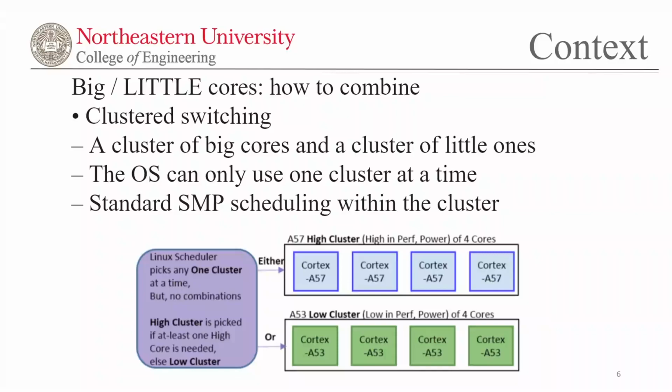Cluster switching refers to a cluster for large cores and a cluster for small cores. Every time you switch between large and small cores, you need to migrate all processes on the large cores to the small cores, or migrate all processes on the small cores to the large cores. Only one cluster of the two can be running at the same time.